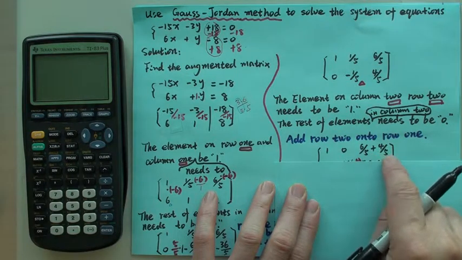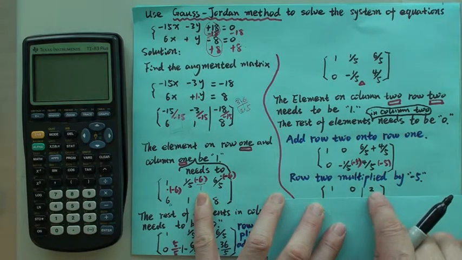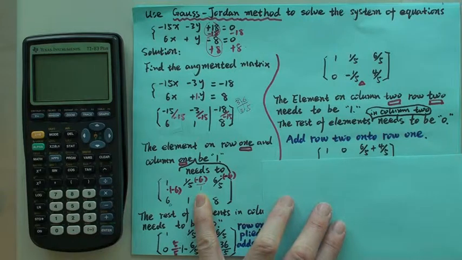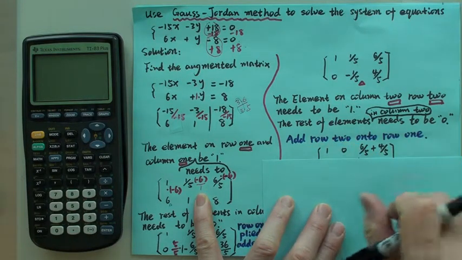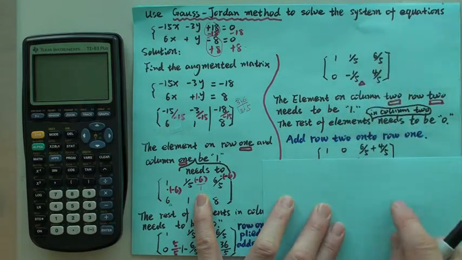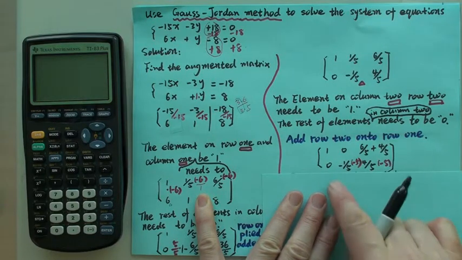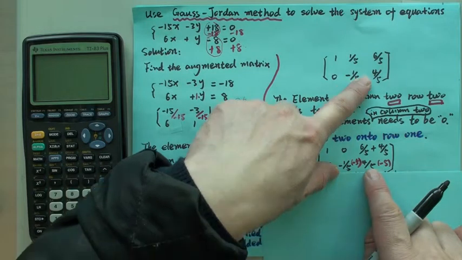That's the equation that is going to be done here, the element right there. So right now, add row 2 on row 1. This is what we get. And downstairs we didn't do anything, so it's still 0, negative 1/5, and positive 4/5.